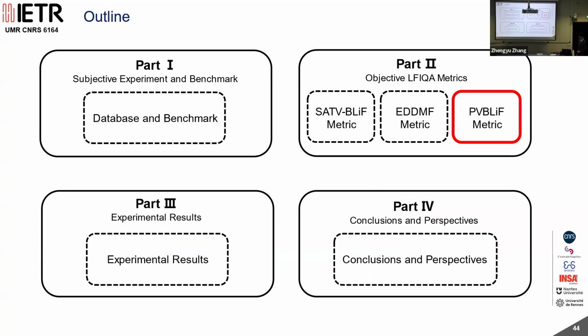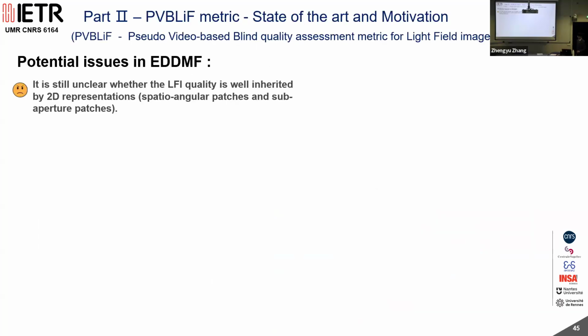Our third metric is named PVBLADE. The motivation of the PVBLADE metric starts from the potential issues in our previous EDDMF metric. That is, it is unclear whether the light field image quality is well inherited by the 2D representations.